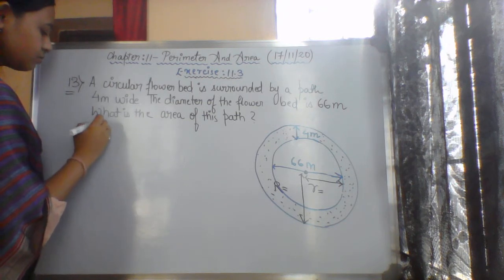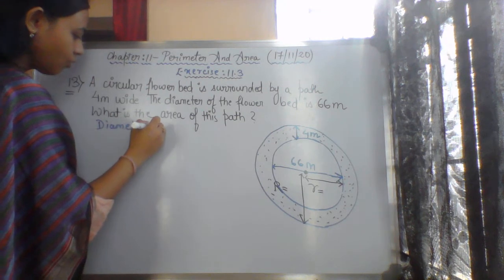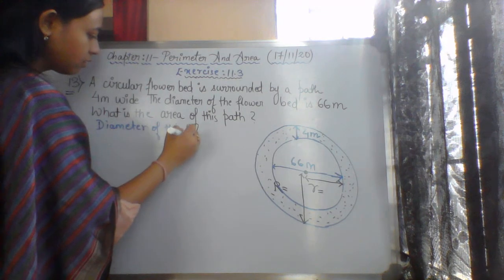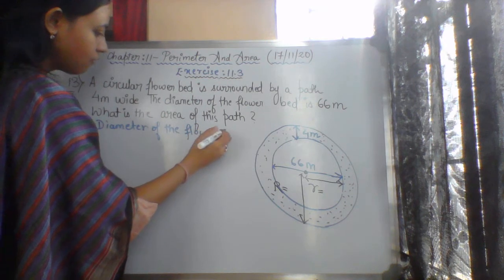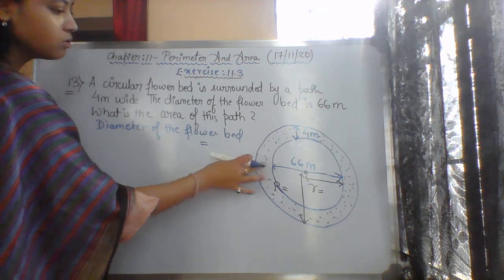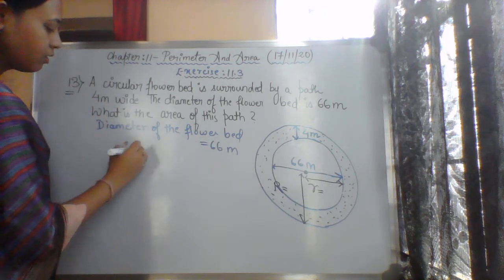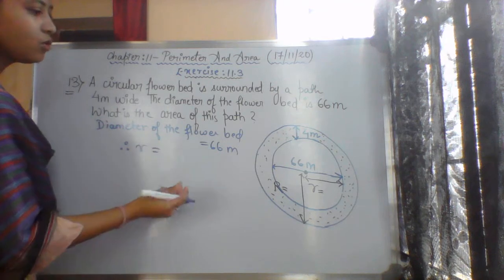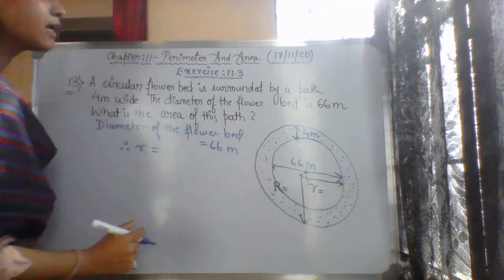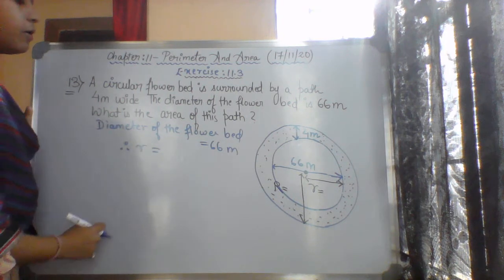So, diameter of the flower bed equals 66 meter. Therefore, the radius of the flower bed I denote with small r. So that will be equal to what?